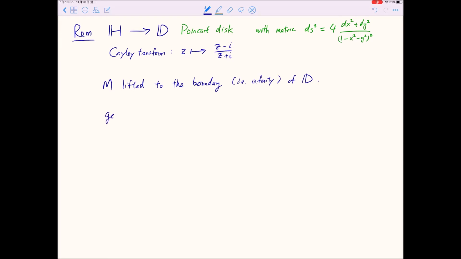And also geodesics will lift to the geodesics on D, which will be the circular arcs in D. So these are the circular arcs that are perpendicular to the boundary.